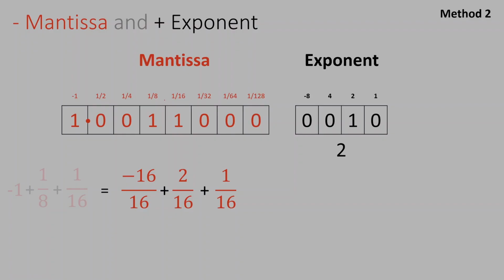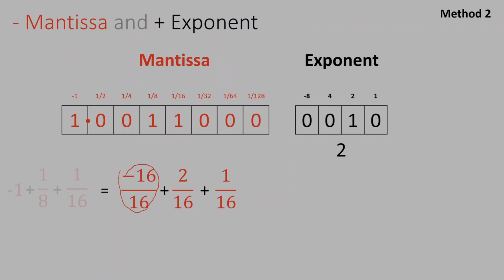The reason that this negative 16 over 16 exists is because this is a way of representing negative 1 using the same lowest common denominator that we've used here. All we do is place a negative form of the value that represents negative 1, so that we can actually use it in our fractions here.